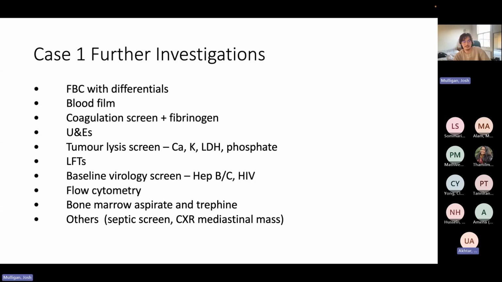And flow cytometry. Umar was saying earlier that a lot of leukemias and lymphomas can present very similarly. This is a lab technique to isolate different types of blood cells or blood cell progenitors.